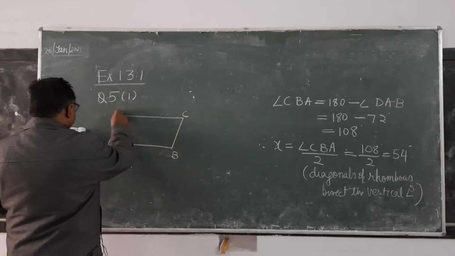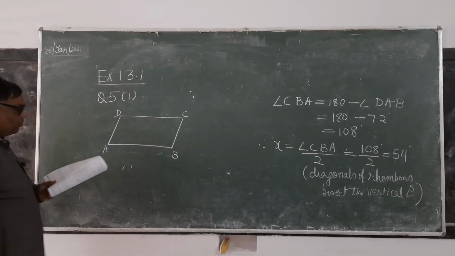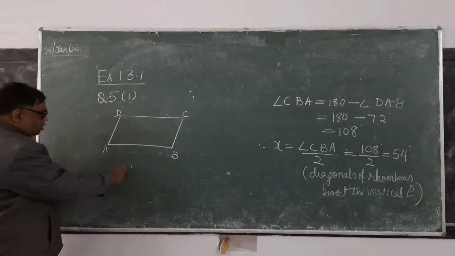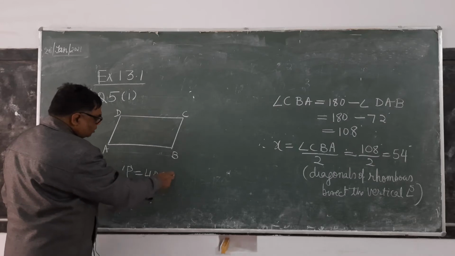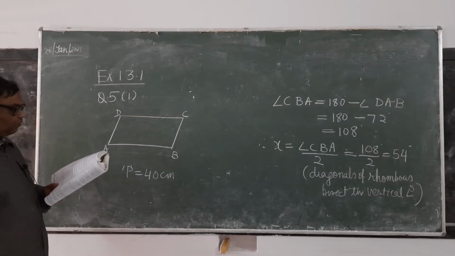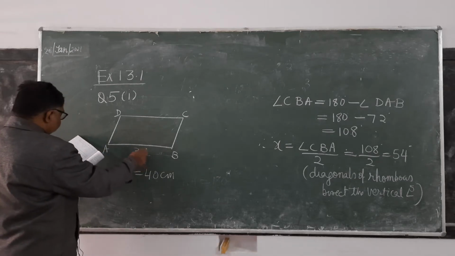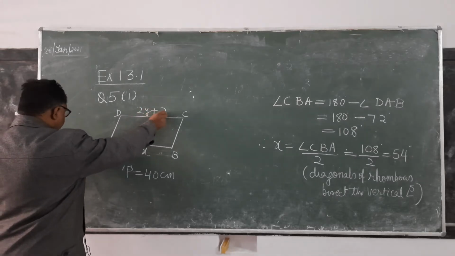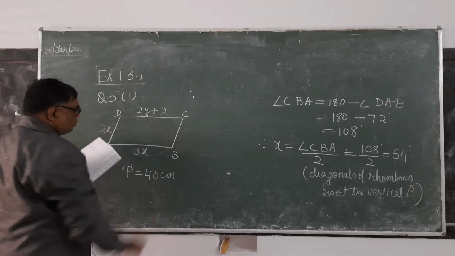Now in the given figure, ABCD is a parallelogram with perimeter equals to 40 centimeter. Find the values of x and y. Here it is given 3x and this is equals to 2y plus 2. It is clear? Here it is 2x and this is not given.